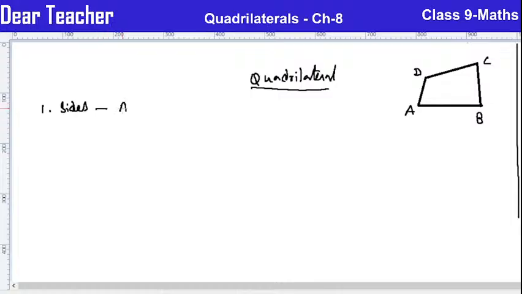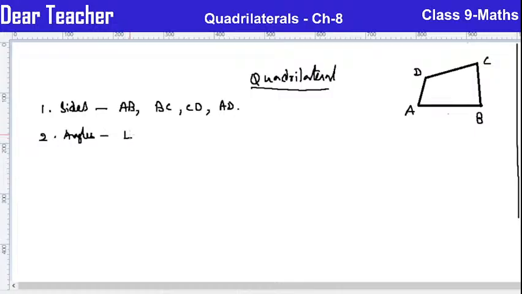What are the sides? AB is one side. Sides should always be denoted with two letters: AB, BC is one side, CD is one side, and AD is one side. You should be able to write the sides, and at the same time you should be able to write the angles also.